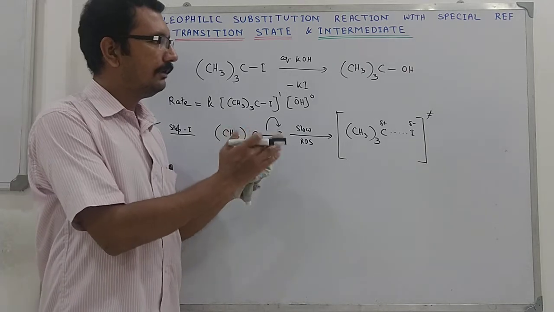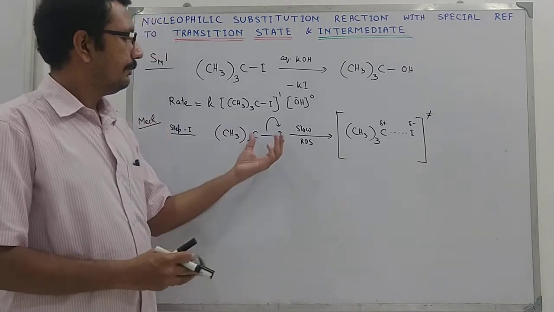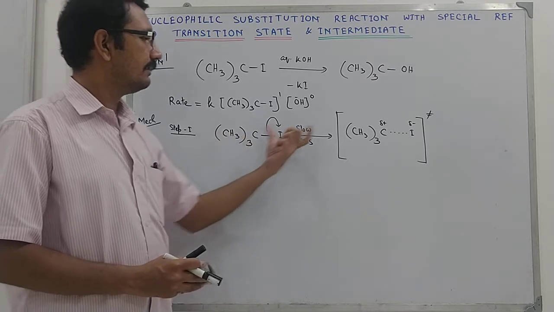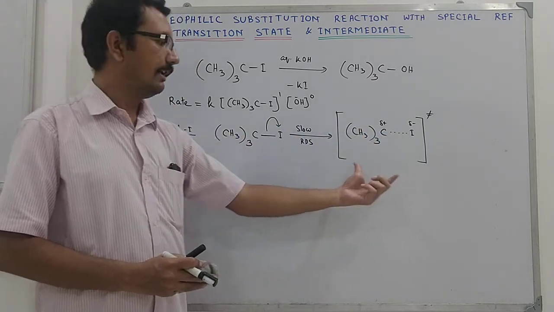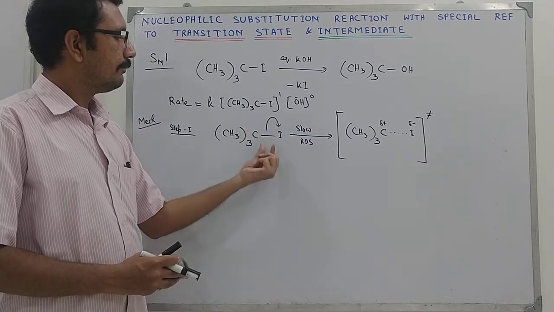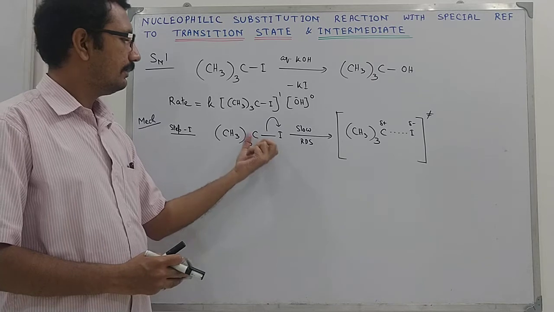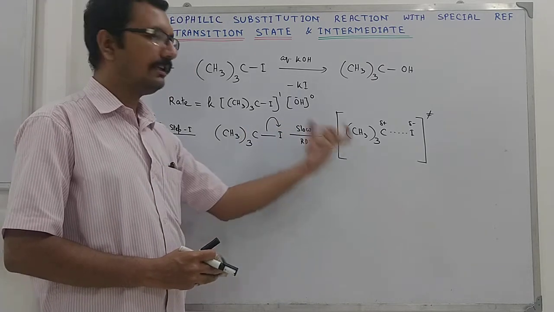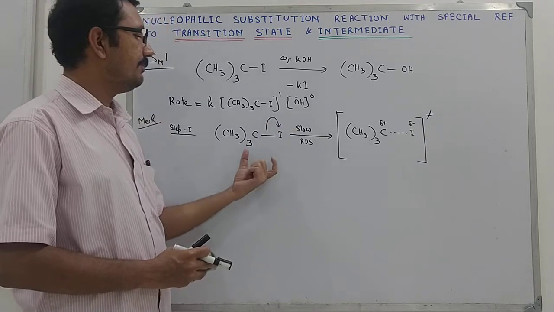So what will be the missing link between this reactant and the intermediate we have? That is, the bond dissociates, but we are going to have the link between the intermediate, that is after dissociation and before dissociation.